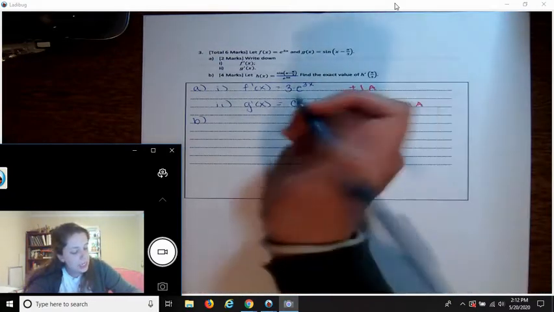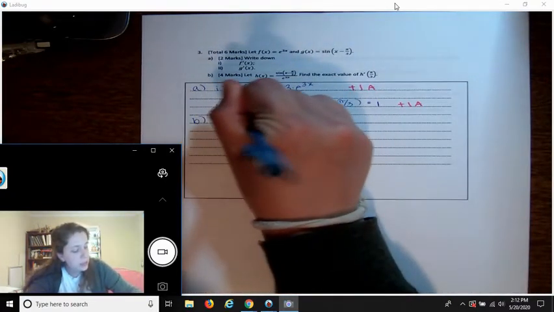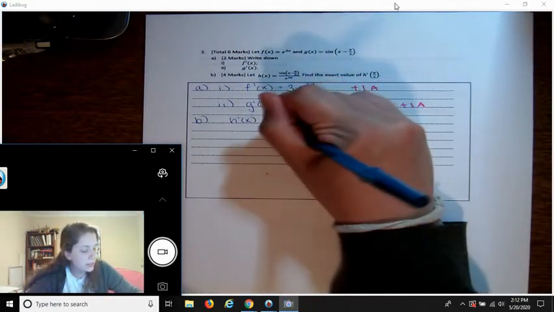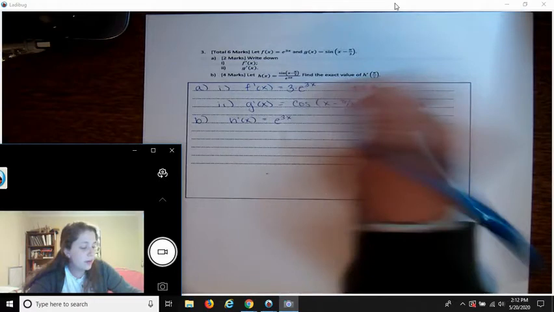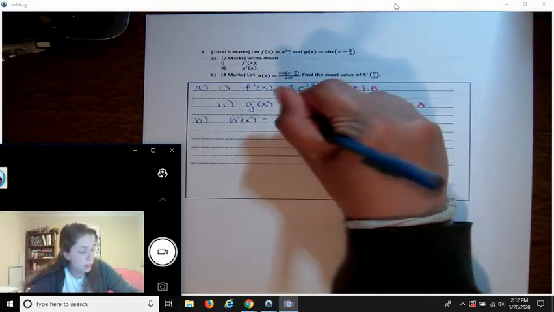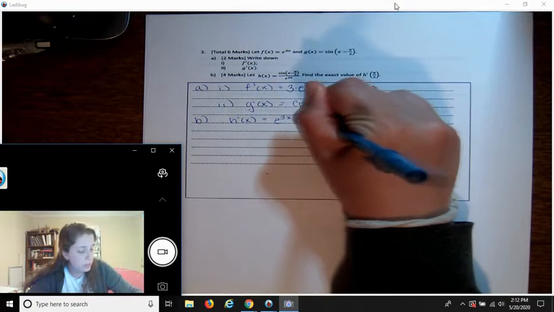So h prime of x, we're going to have ho d high. Ho is e to the 3x, and the derivative of the top we found in part 2 of A is cosine of x minus pi over 3.